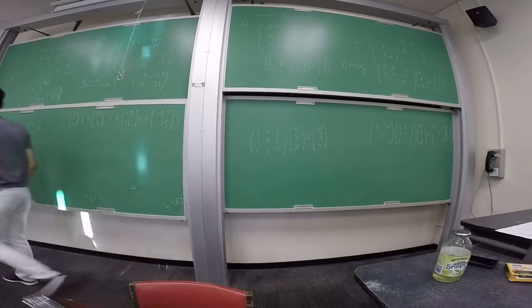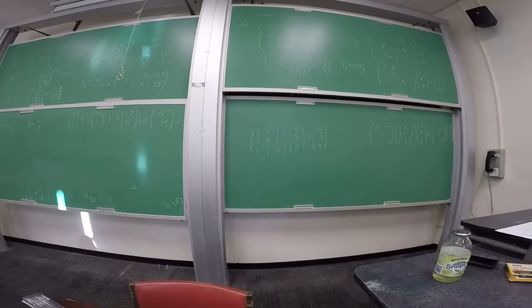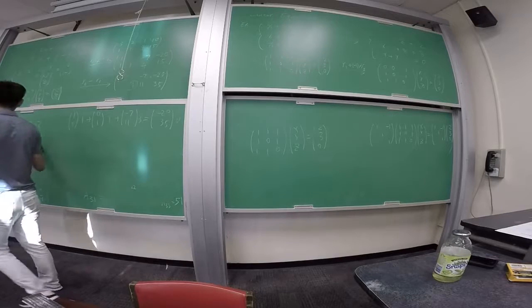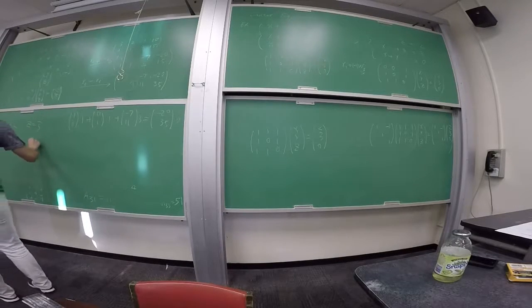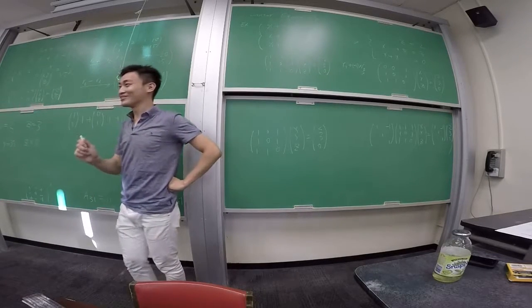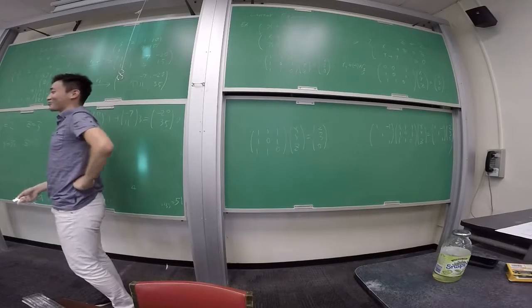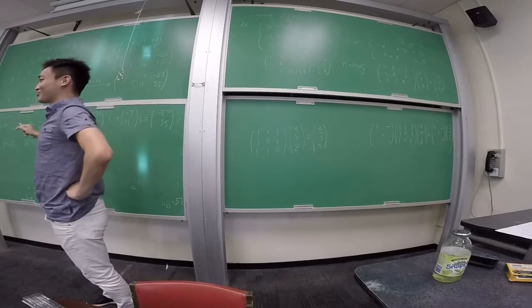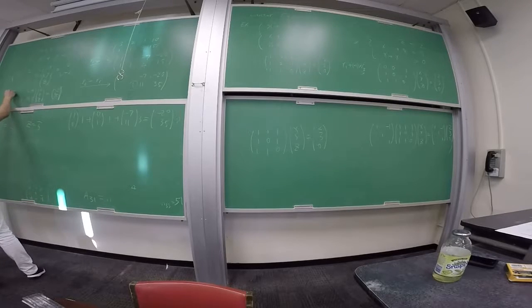So another solution is x is negative 20 and y is 35. And you don't want to make use of z, so you just set z equal to 0. This might be the easiest one to observe by using the leading ones, right?